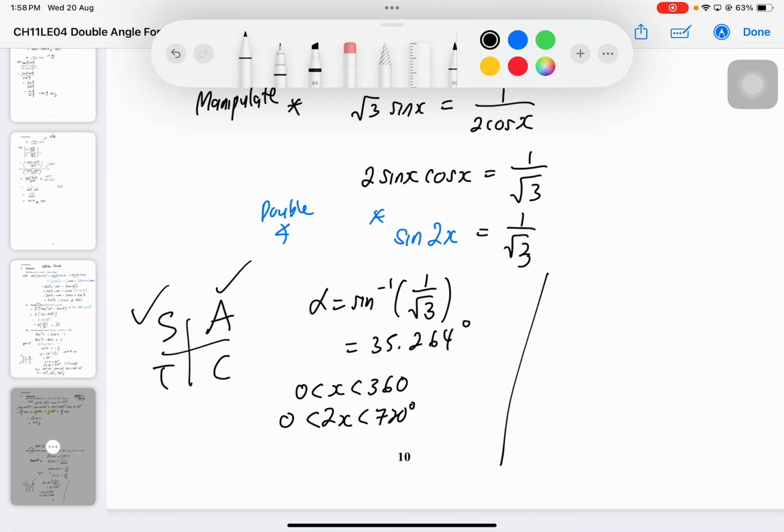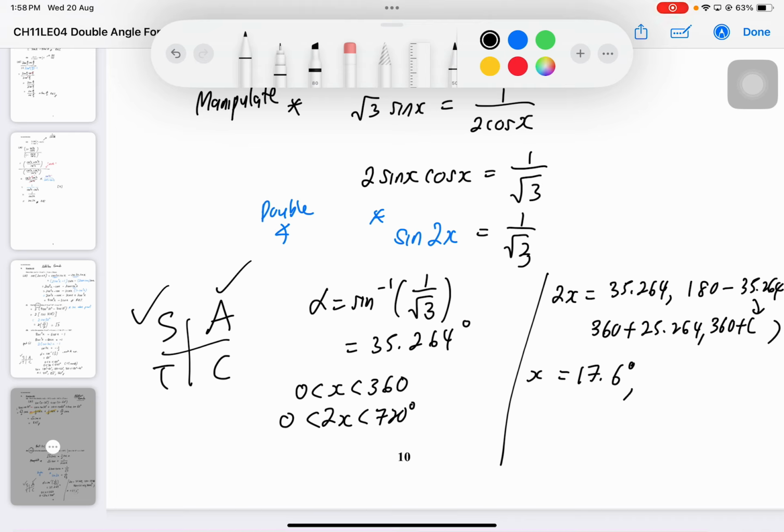Okay, so list it. 2x equals 35.264. 180 minus 35.264. Go one more round, add 360. So 360 plus 35.264. 360 plus this answer. Solve for x. Okay, work it out. 17.6. 72.4.